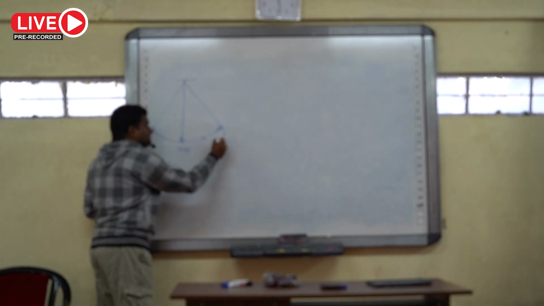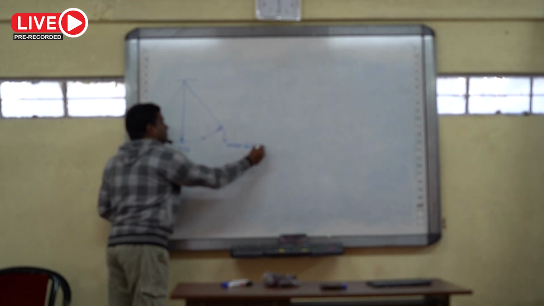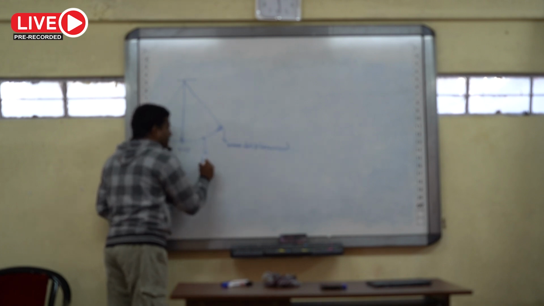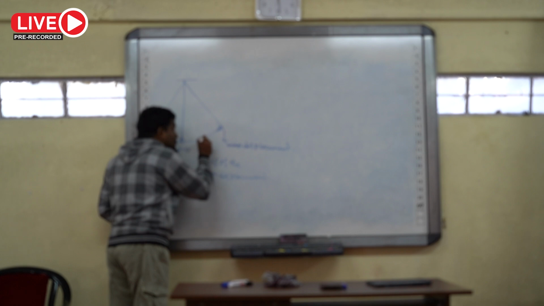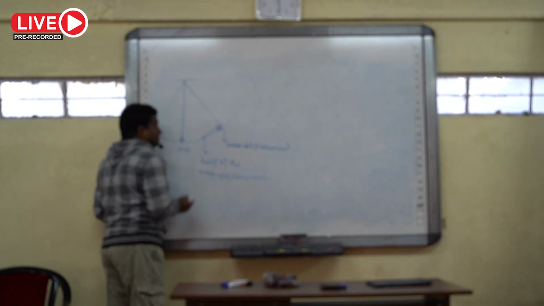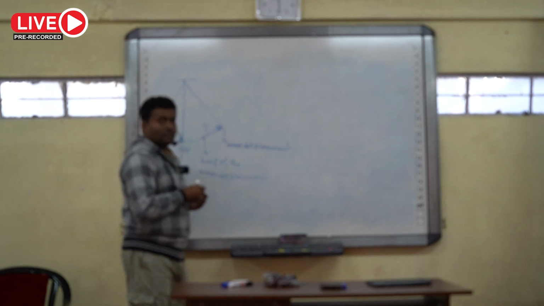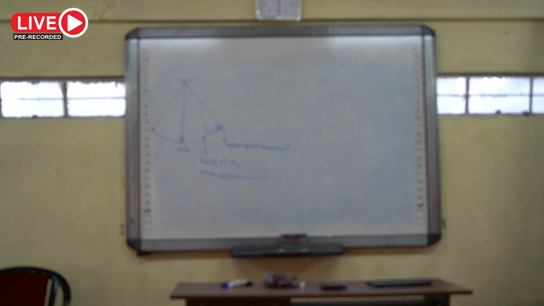This is the maximum displacement position, and this is half of the maximum displacement. Then you have to find the time to travel this part. How much time it requires to travel from half the maximum displacement to maximum displacement.